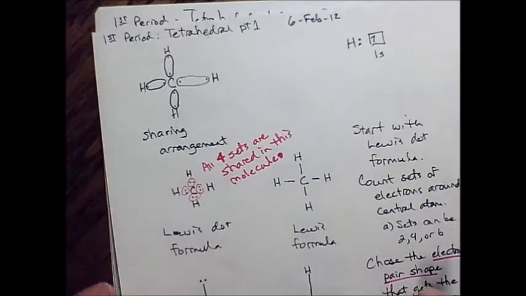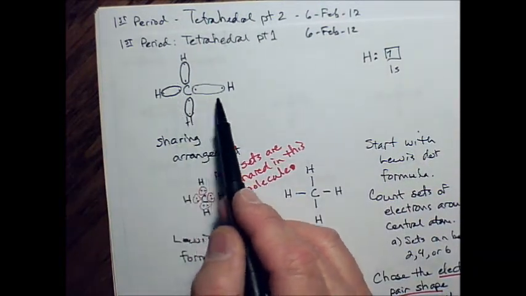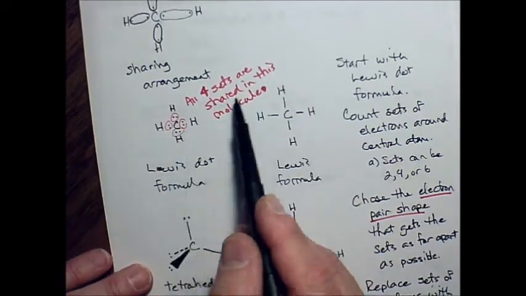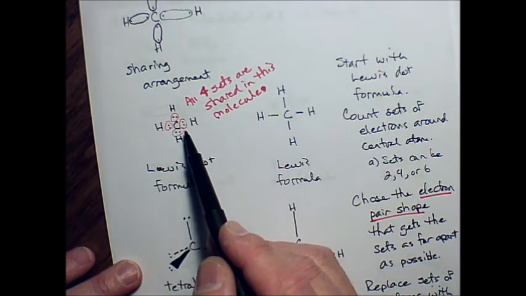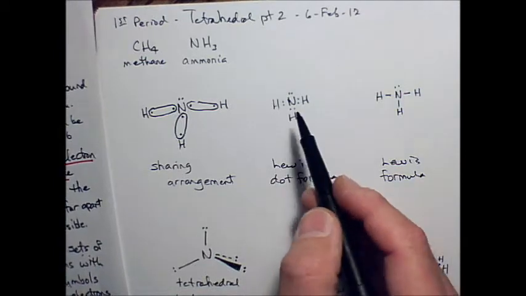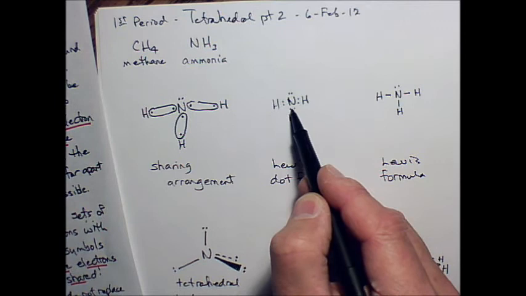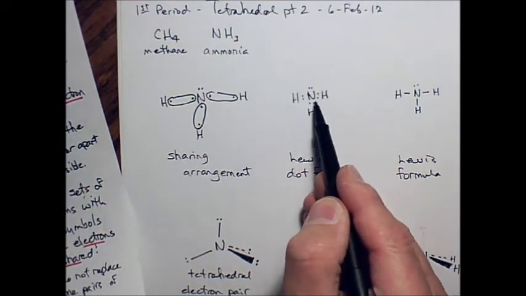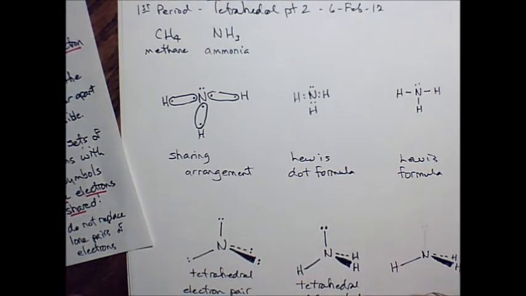So just to review, in the previous set, we shared 4 different sets of electrons to get to 8 for the central atom. We had 4 sets of electrons around the central atom here. All are shared, but in this case, only 3 sets were shared. This is a lone pair, and these right here, these 3 sets here, are called shared pairs. Let's emphasize that.